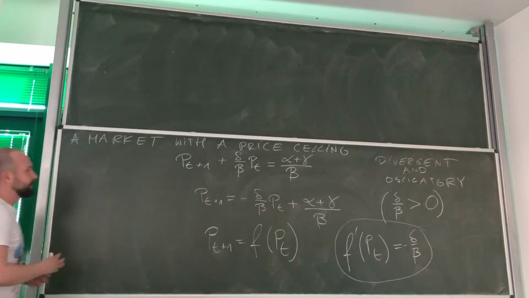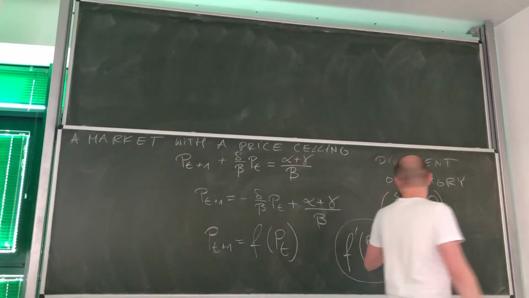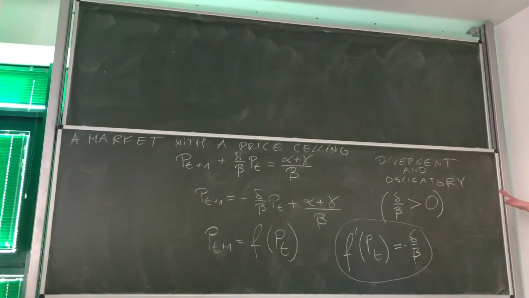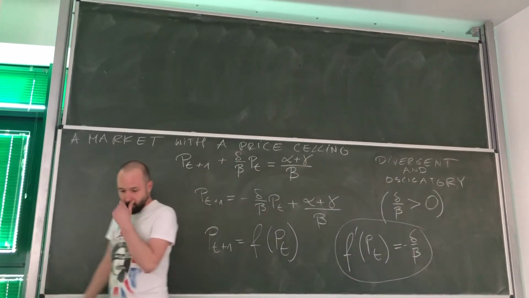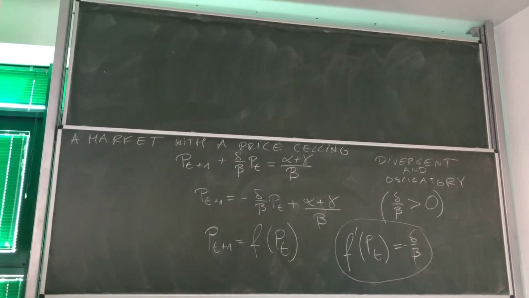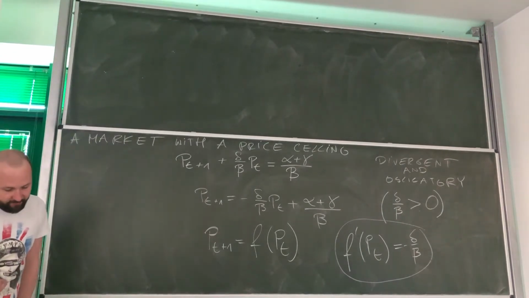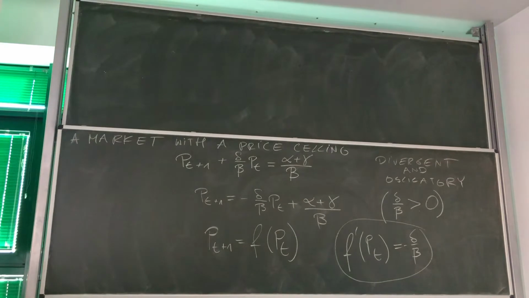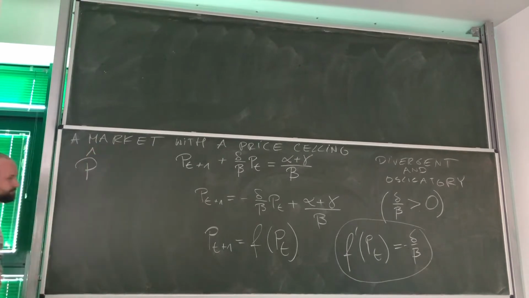Well, definitely a market where the time path of price is divergent and oscillatory is a very ineffective mechanism, right? So what government tries to do in our example is to impose a legal price ceiling. We will be denoting it as P hat.